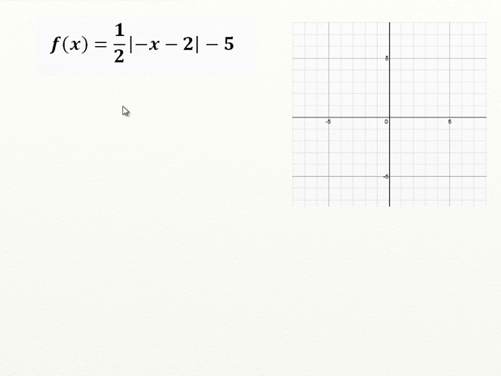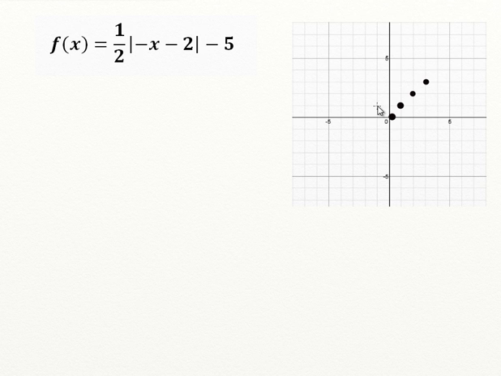So the first thing we need to remember is that this is the absolute value function. So it's based on f(x) equals the absolute value of x, and we know the parent function. We know what that looks like. If I pop over onto the graph here and see what the parent looks like, we remember that it had a point right at the origin, and then it was over 1, up 1, over 2, up 2, etc. Nice straight line.